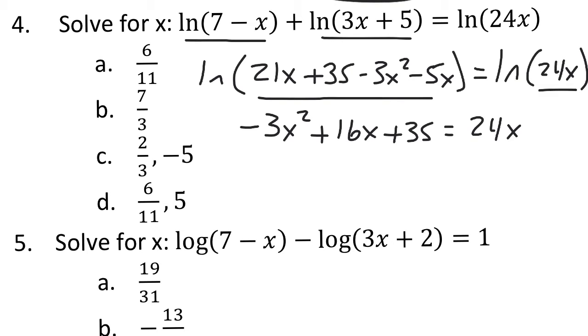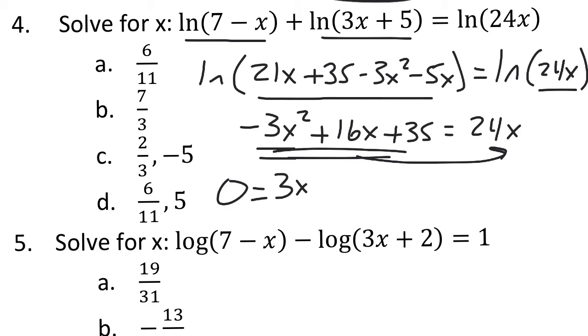I want everything on one side to be 0, but I also at the same time would like my dominant term, my lead term, to be positive. So I'm going to take this entire side over that way. So 0 equals 3x squared. Subtracting 16 from 24x would be 8x minus 35.